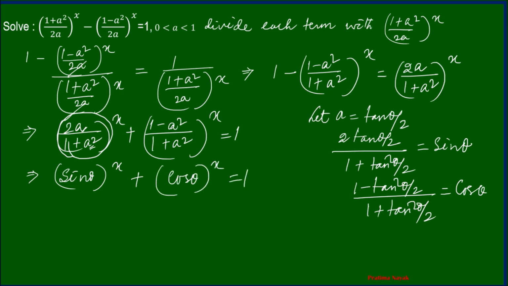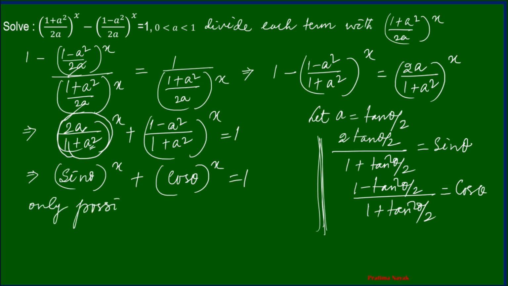The only thing you have to take care of is to substitute these values, and then only you should know this value. Then only you can solve it. If you don't recall, please note it down and learn. So sin theta power x plus cos theta power x is equal to 1. This is a very familiar equation to us. This is only possible.